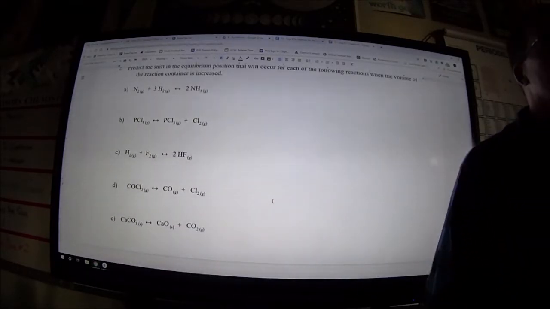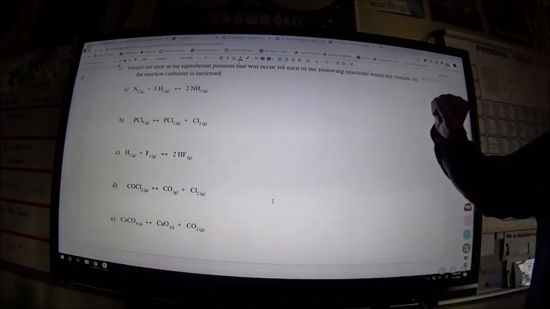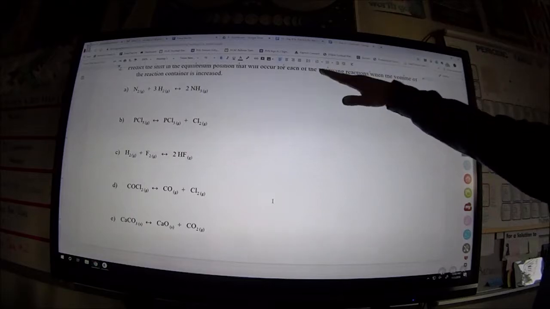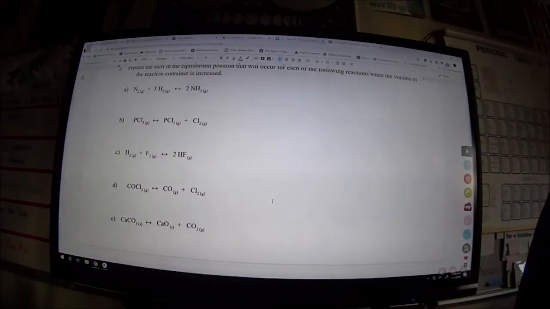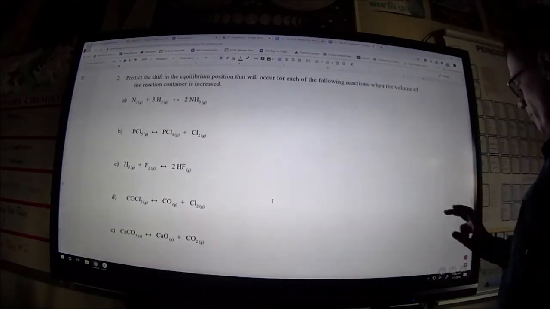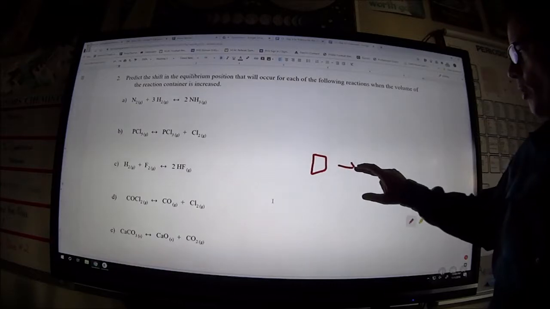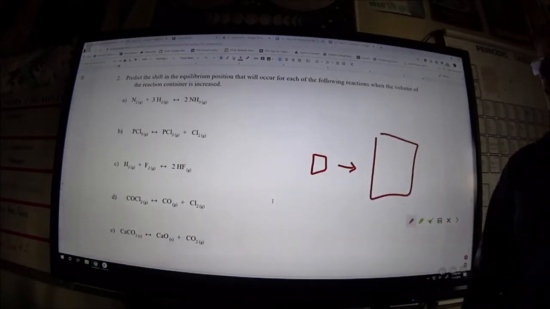All right, looking at question number 2, it says predict the shift in equilibrium position that will occur for each of the following reactions when the volume is increased. So we've got a container going to a bigger volume.